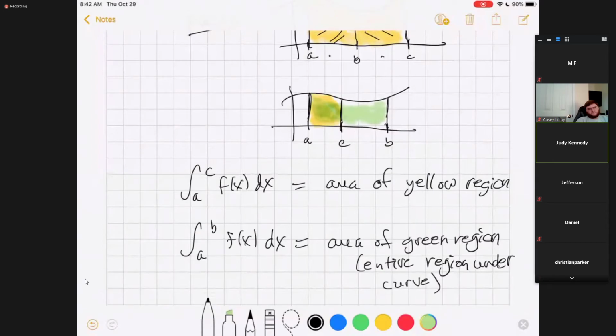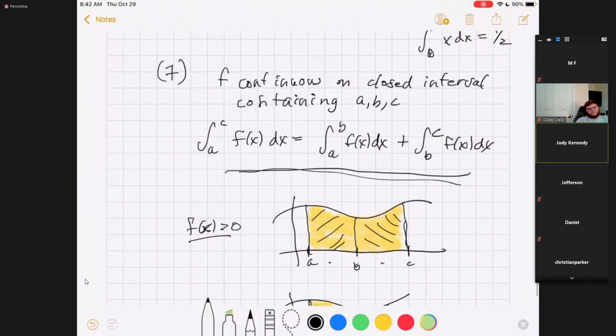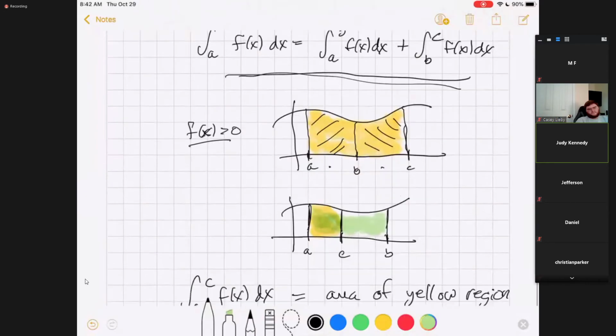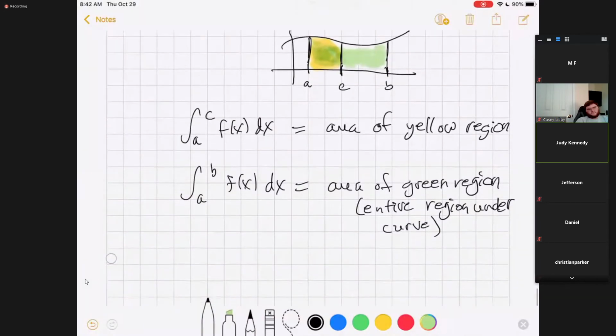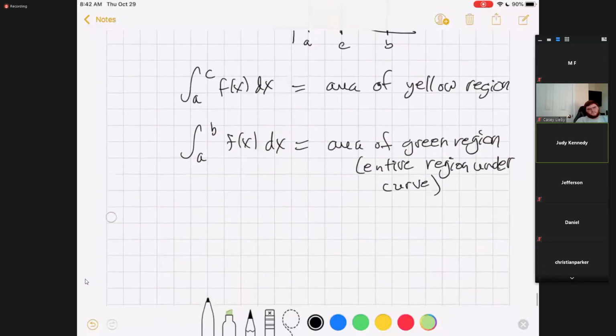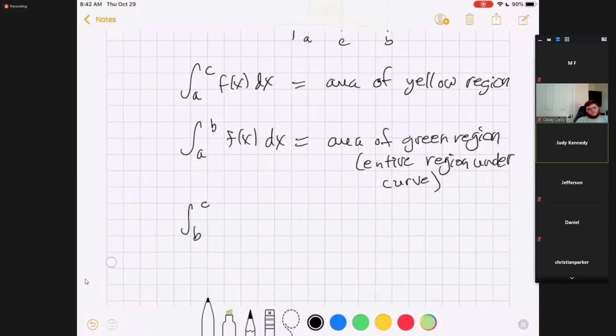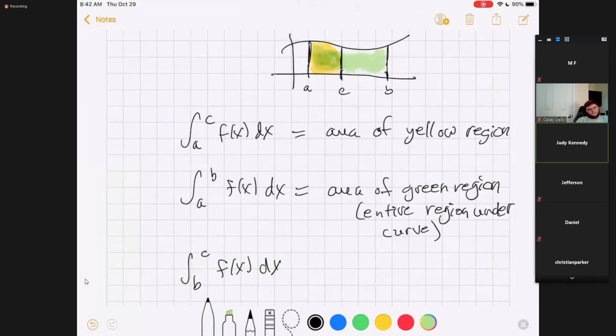And okay, well, what's the integral from b to c? In my picture now, I've got c less than b, so this is going through the integral backwards. Well, use property 1.